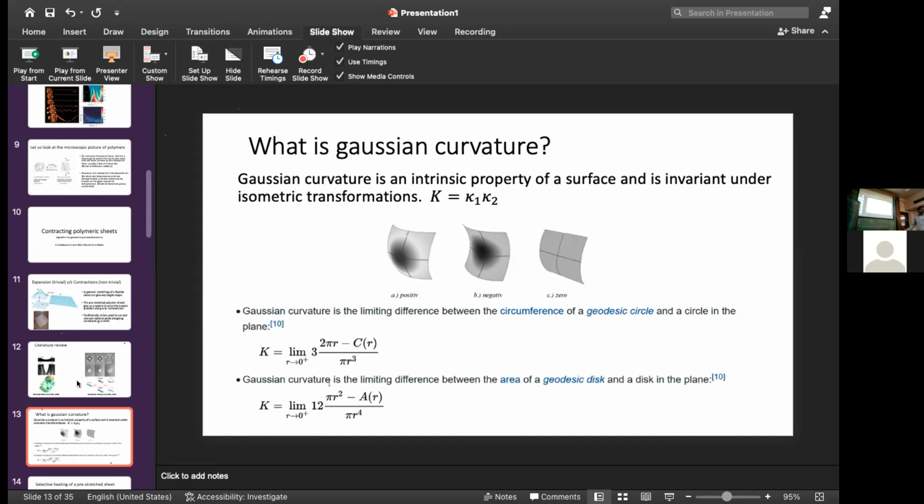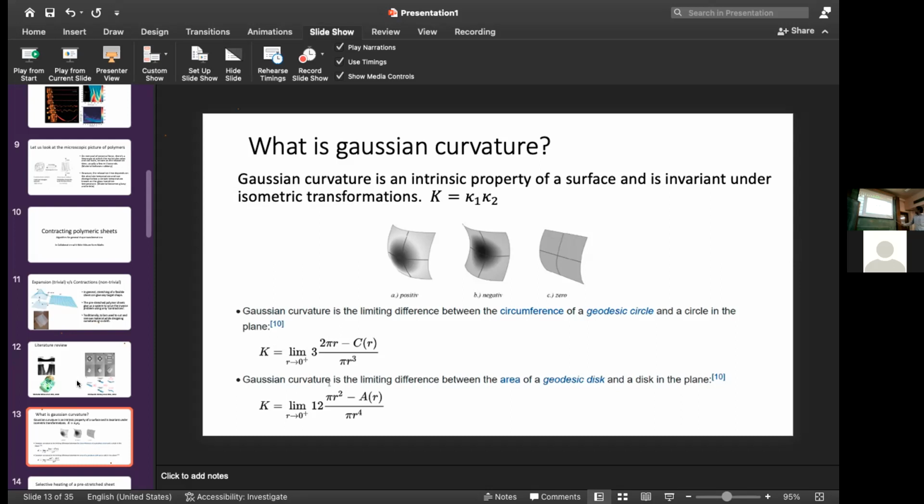But if I'm on a saddle, like a potato chip, then the Gaussian curvature is negative. And there is an interesting feature of Gaussian curvature: if I move a distance r from a center point on a flat sheet, then my circumference will be 2 pi r.